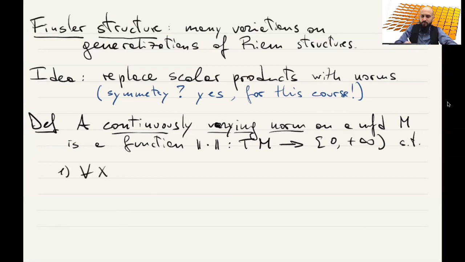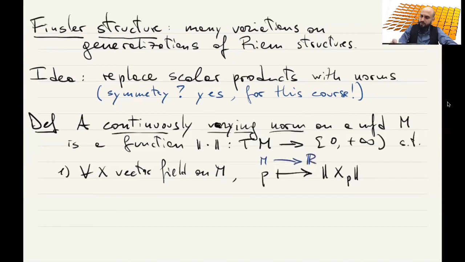This means that for all vector fields on M, the function that associates to P the norm of the vector at P, a function from M to R, is continuous.